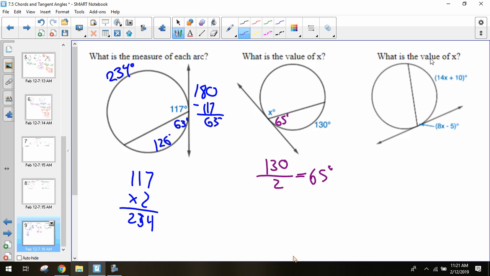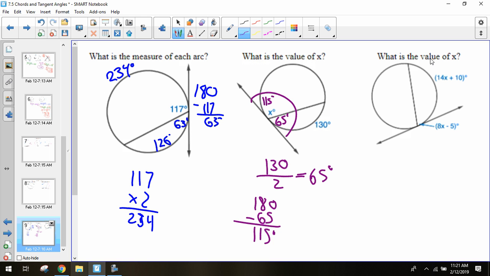Knowing that this is supplementary, that it's a linear pair, we can do 180 minus 65, and that is 115. Very good. Once again, another way you could have done it is you could have thought, this arc up here is 360 minus 130, which is 230. Divide that by 2, that's also 115. Once again, there's multiple ways to solve this.